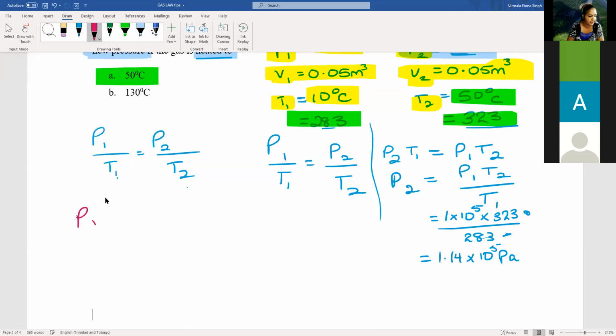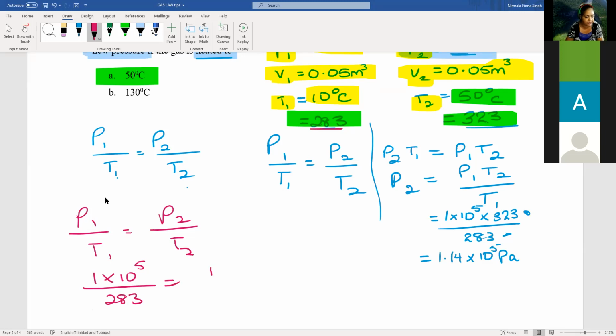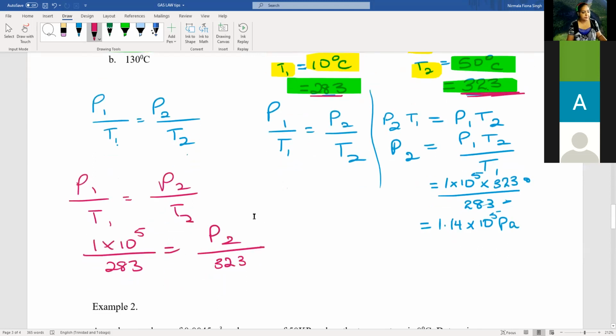So I have P1 over T1 is equal to P2 over T2. Let's plug in our values. P1 is equal to 1 by 10 to the 5. T1 is 283. P2 is what we don't know. And T2 is 323. And we just cross multiply and divide.